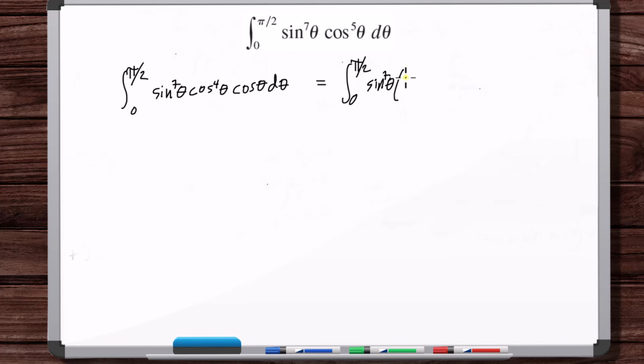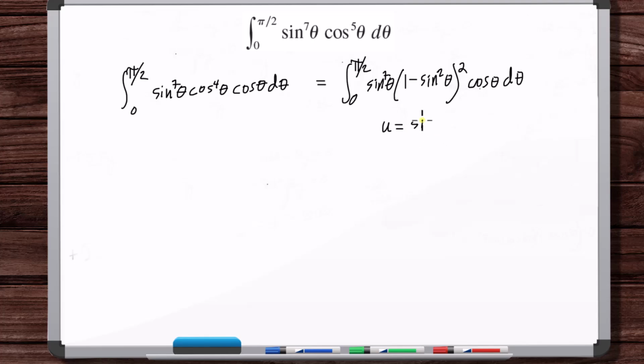So that's 1 minus sine squared theta squared, right? So you see what I mean? My thoughts are that if we would have separated out a sine theta from sine to the 7th, then we'd be dealing with sine to the 6th, which would make this a little more complicated, but you could still do it. All right, so now we can make the u substitution.